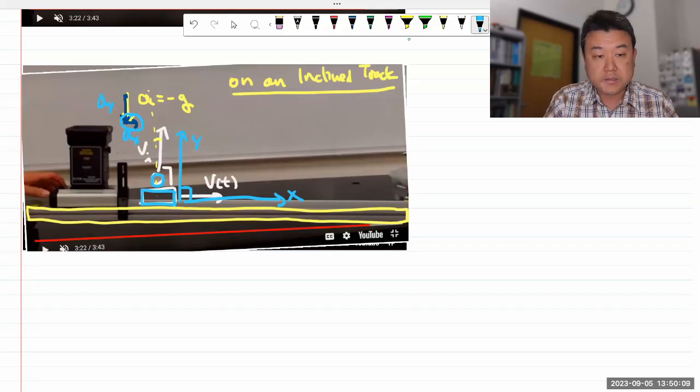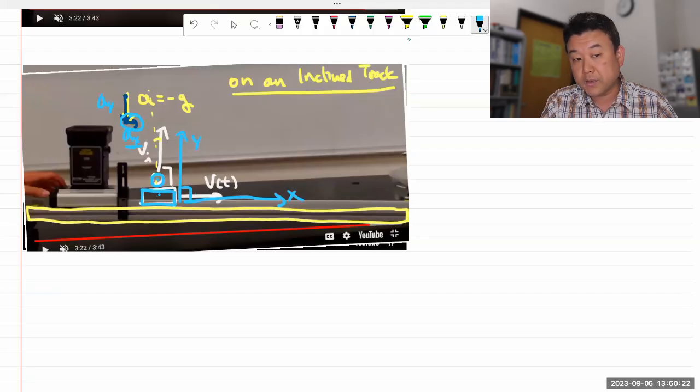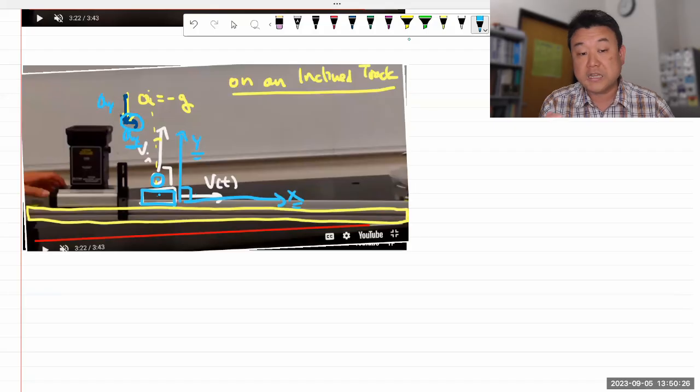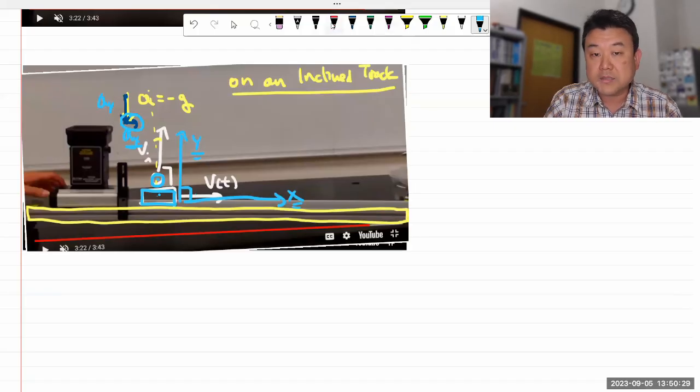So as far as their x component of motion goes, it's common to both the ball and the cart. And that's the only thing that matters to ensure that by the time the ball lands, the cart will be at the same position that the ball will be in. And again, because the y and the x direction of motion are independent of each other, and what makes them independent is really this 90-degree angle.